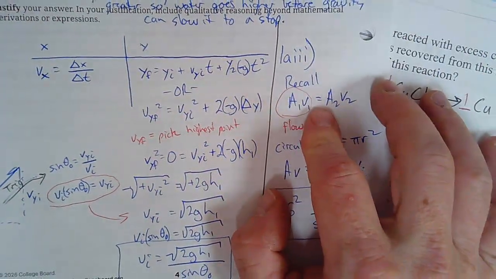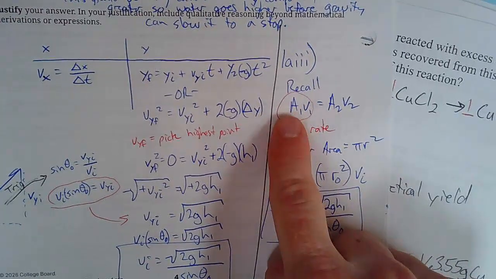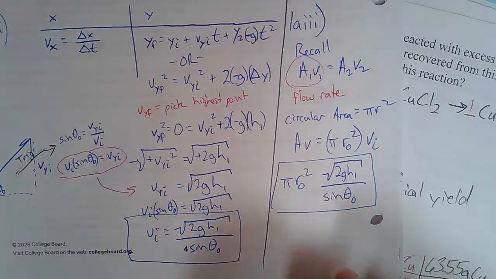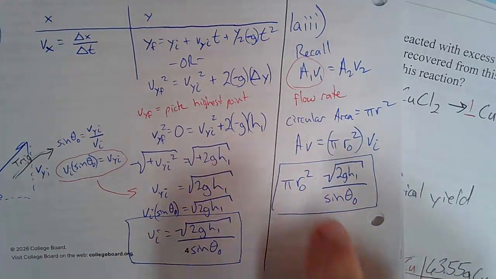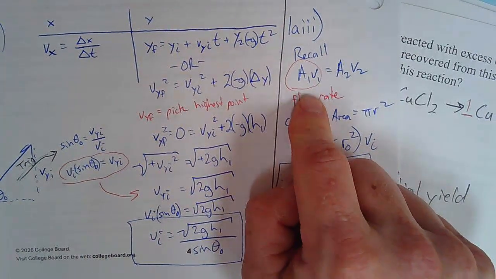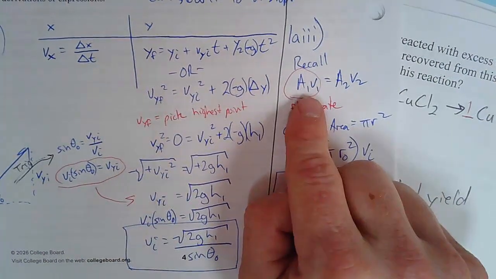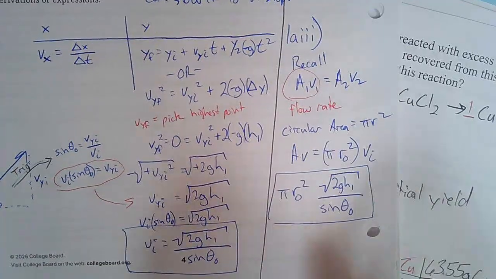There's probably one for invoking continuity or some form of that, realizing that it's area times velocity, and then actually having the full expression there. You had to remember that flow rate is one side of the continuity equation, so you had to do the area times the velocity.